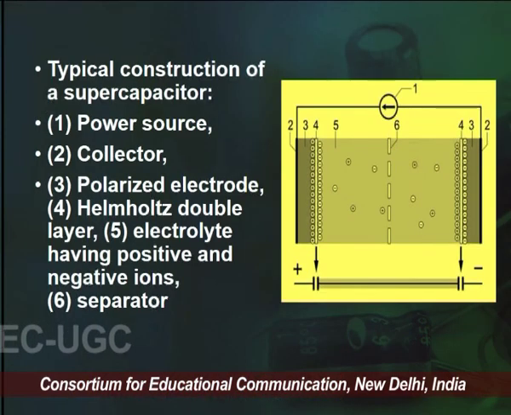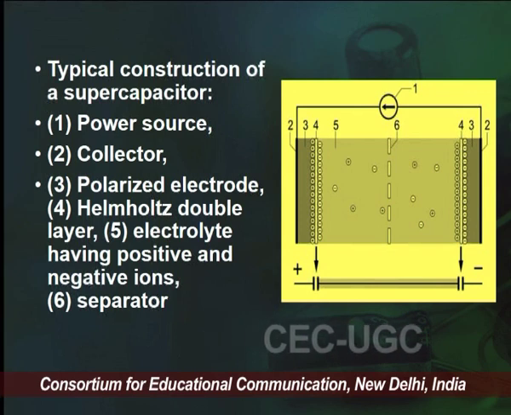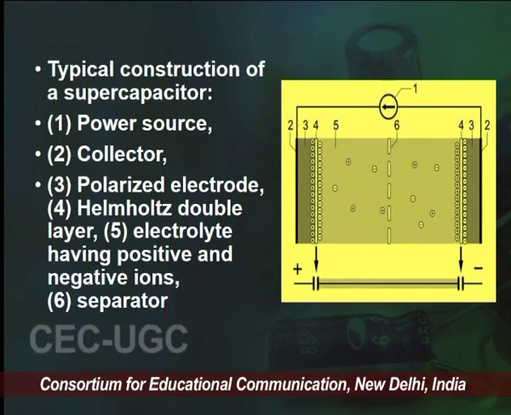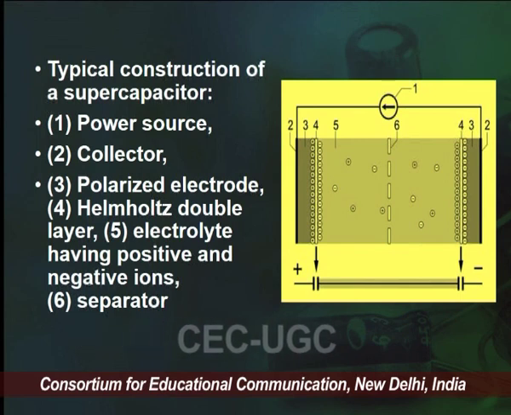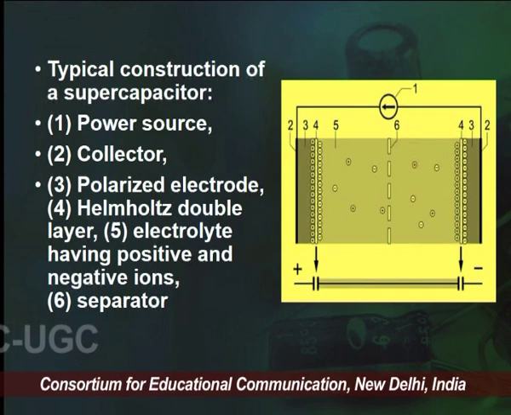Now, the typical construction of the supercapacitor, as we see on the screen, has six parts. Number 1, as you see at the top, is the power source, which is a battery.